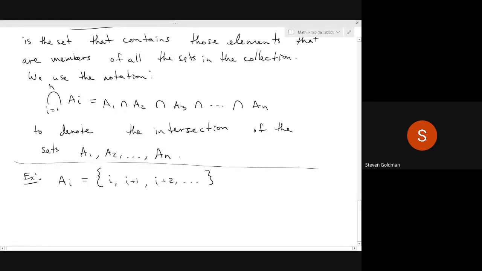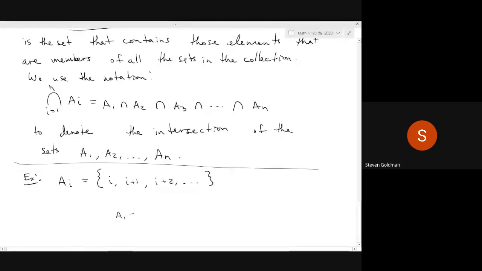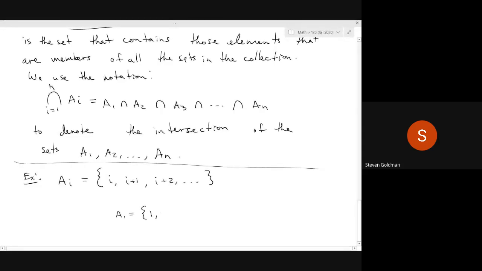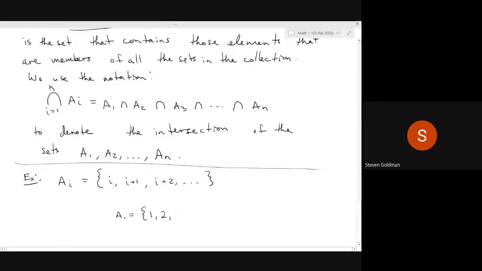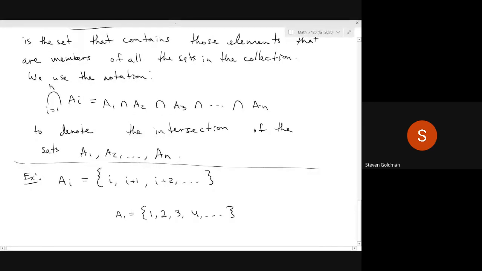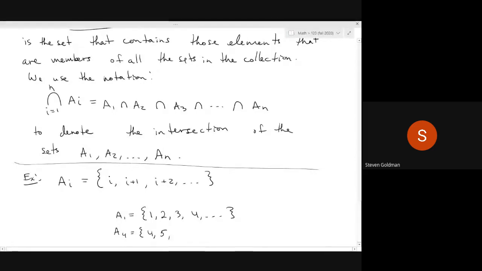So for example, if I was 1, this would be the set 1, then 1 plus 1 would be 2, then 3, then 4, etc. If I was 4, this would be the set 4, then 4 plus 1, which is 5, then 6, 7, etc. Just as examples.